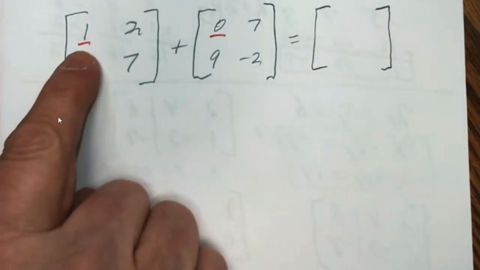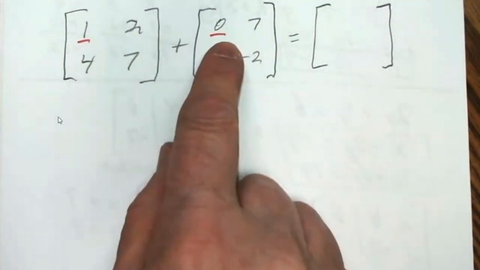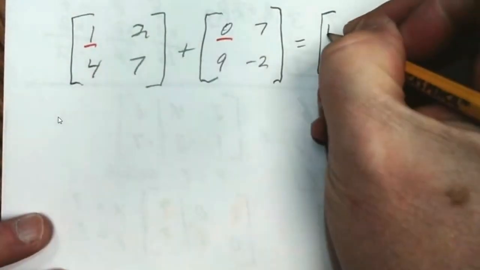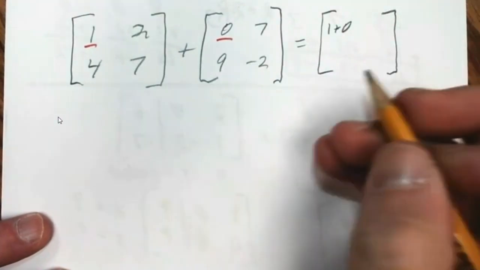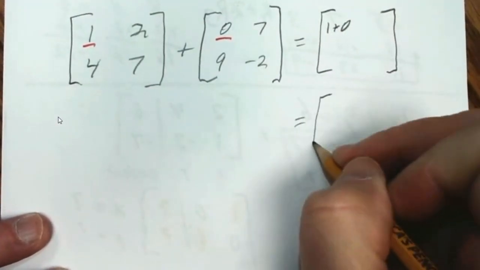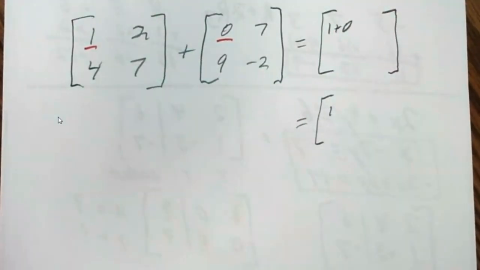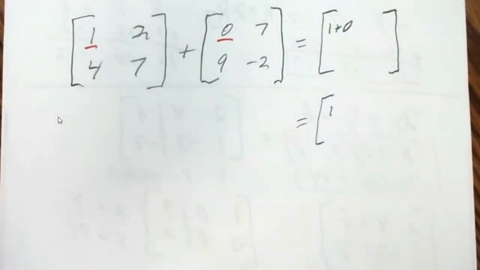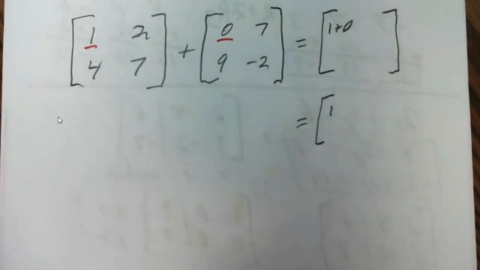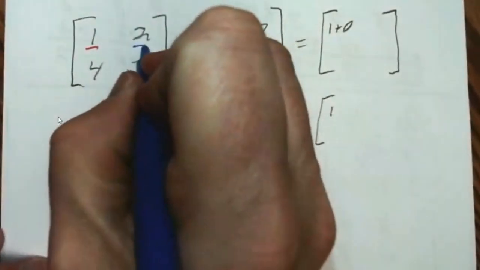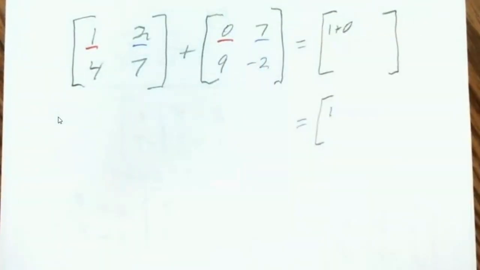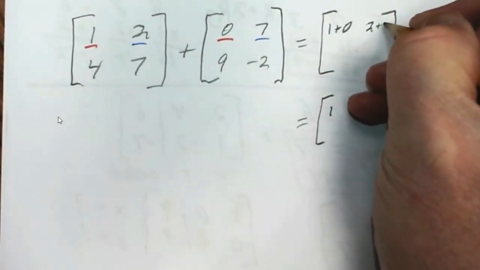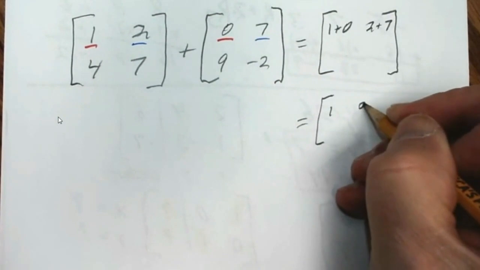This is element 1, 1. This is element 1, 1. First row, first column. So that's 1 plus 0, which equals 1, right? Then, let me do this step. First row, second column: 2 plus 7 is 9.